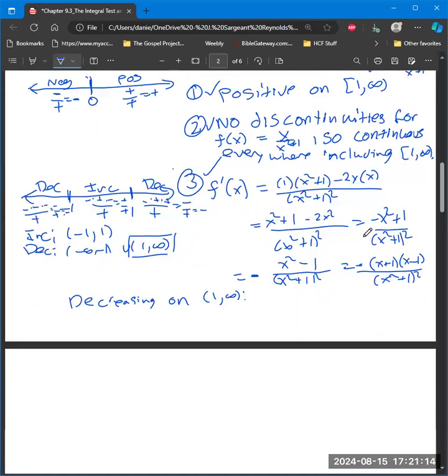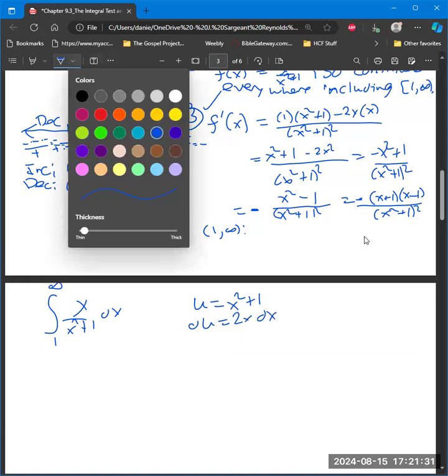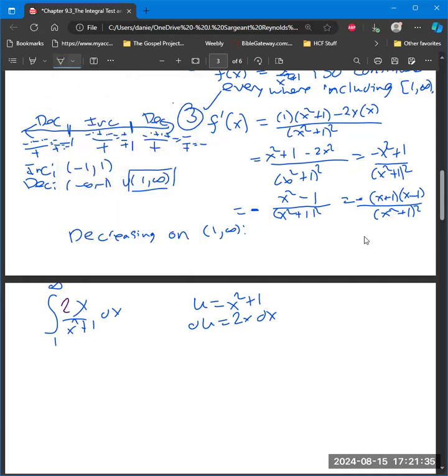So let's set it up. Integral of x over x squared plus 1 dx from 1 to infinity. And I'm going to do a u substitution here. u is equal to x squared plus 1, du is 2x dx. So let's make that a 2 and a 1/2 there.